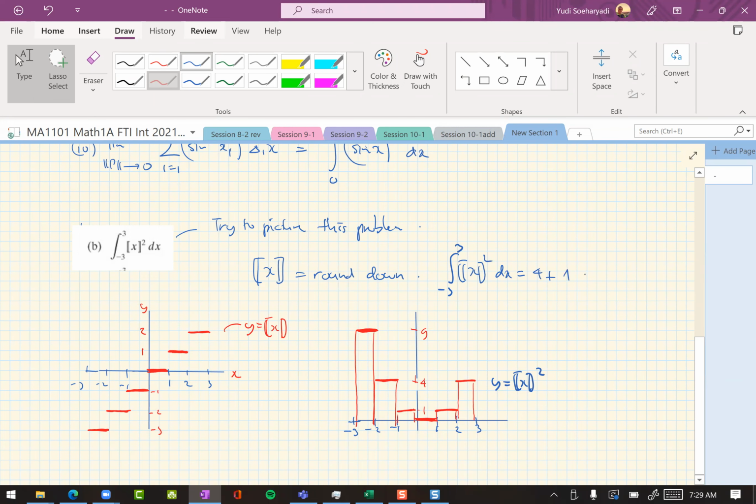It's just 1. That's 0. This is 1. And then 4. And then 9. So that's the integral. If you compute, 5, 6, 10, 19. So far, that's how we calculate integrals.